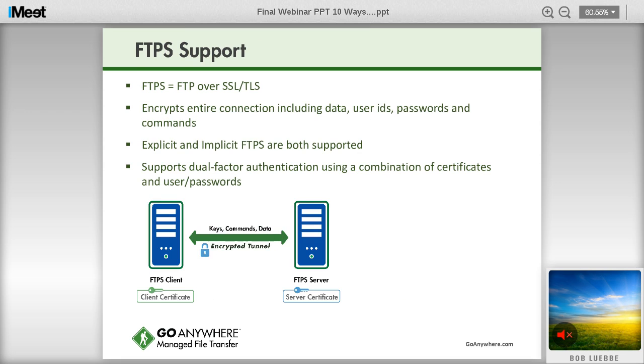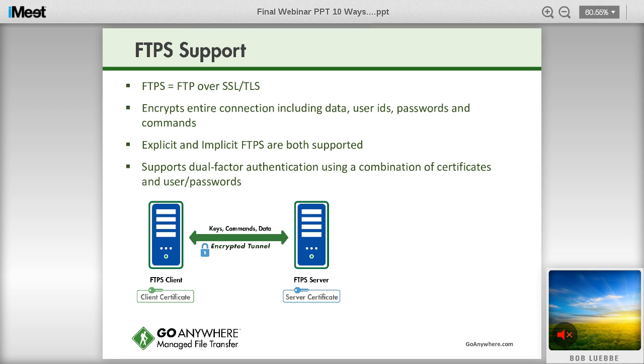The next slide talks about our FTPS support. Now, a lot of companies are moving away from FTPS, which is FTP over SSL, because it requires a lot more ports than SFTP, and a lot of folks that run the firewalls don't like to see all those ports getting opened up. But we do have very extensive support for FTPS. So let's say you need to connect to your mainframe's FTPS server, as an example.